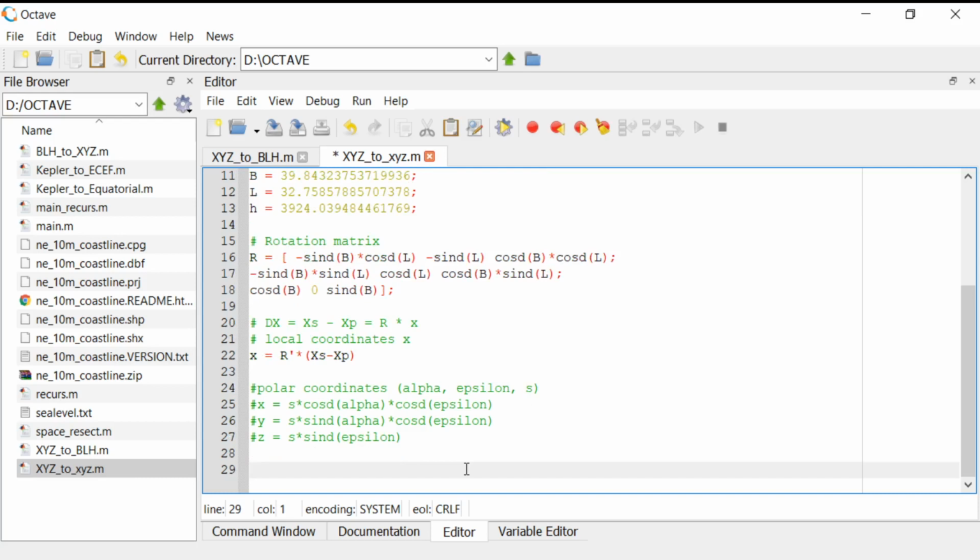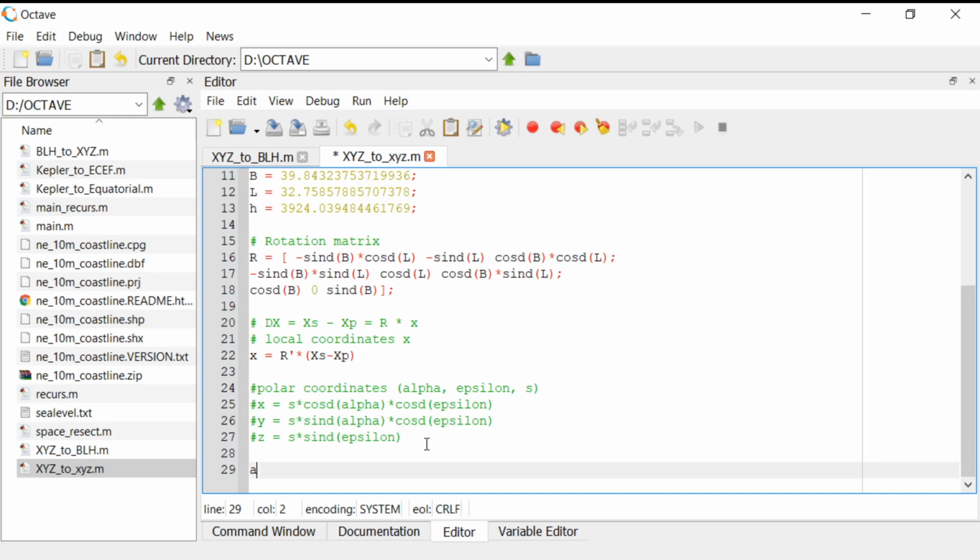Now, as you see here, I need to make a conversion between the local Cartesian coordinates and the polar coordinates given by alpha, epsilon, and s. So for this purpose, I have the local coordinates in Cartesian system, lowercase x, and now I need to derive my polar coordinates, alpha, epsilon, and s. So how will I do that? It is easy.